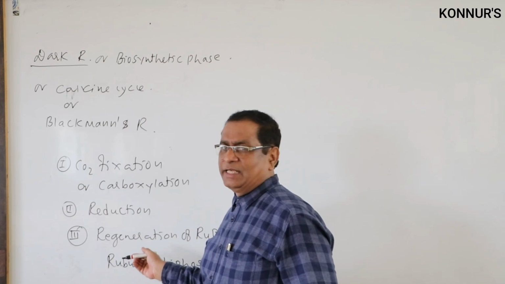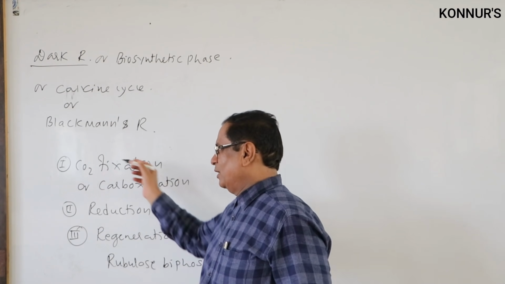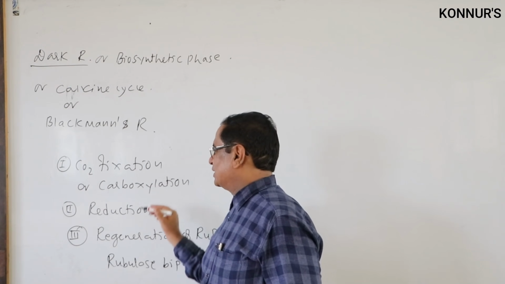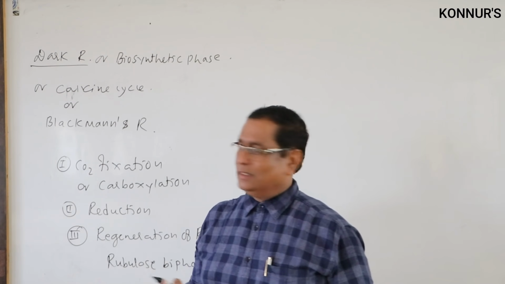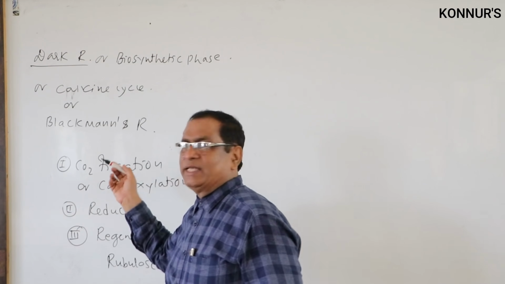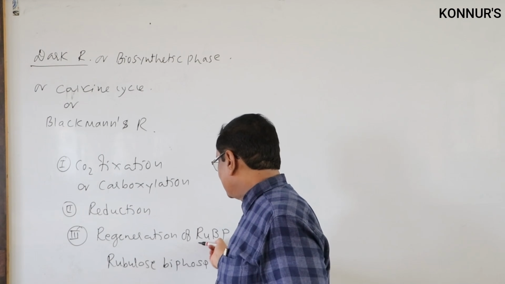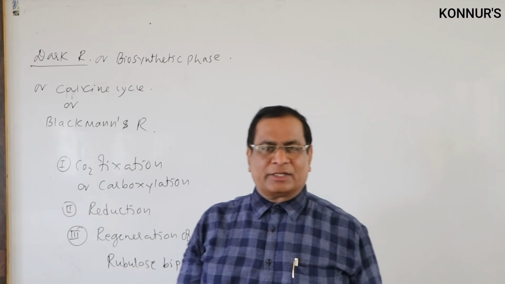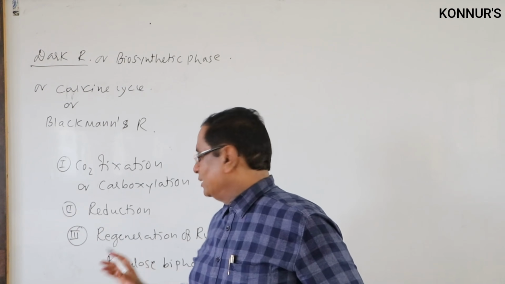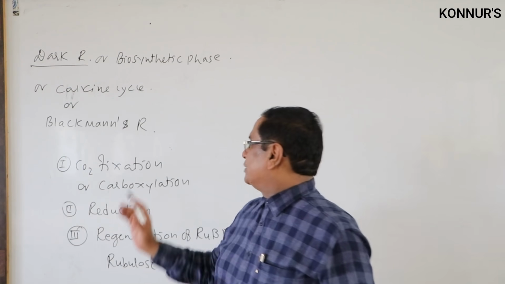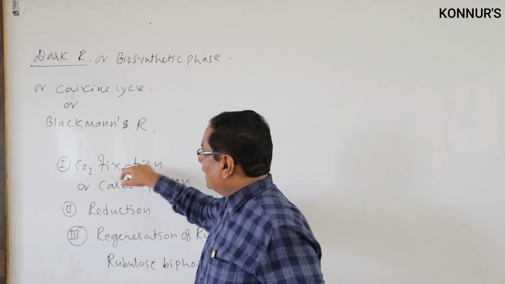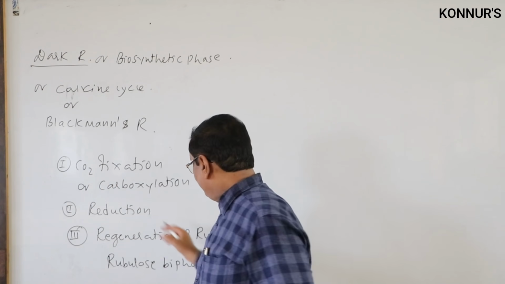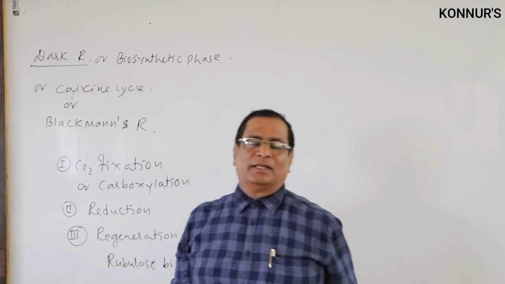The Calvin cycle takes place in 3 steps. In the first step, CO2 fixation or carboxylation takes place. It means CO2 is fixed by this RuBP. In the second step, reduction, and in the third step, the RuBP which was used to fix CO2 is regenerated.